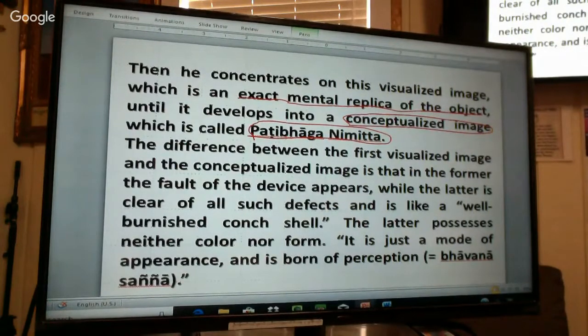In the Uggaha Nimitta there are flaws of the device that appear on the surface of the device, maybe like a fingerprint when you make it. But later, with the Patibhaga Nimitta, these flaws disappear, and it is very clear, very shiny, like a 3D image.